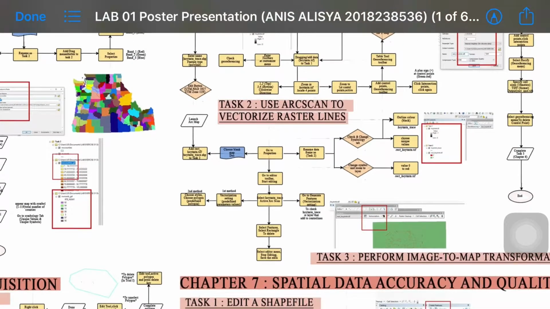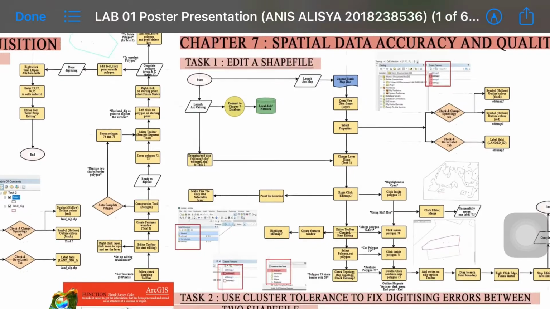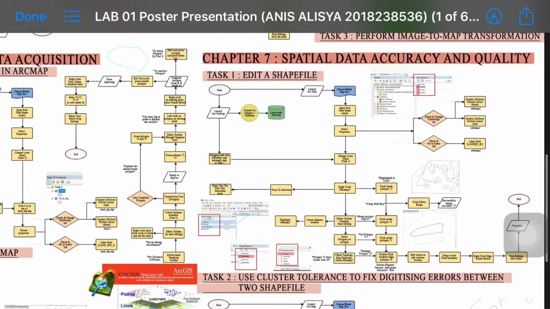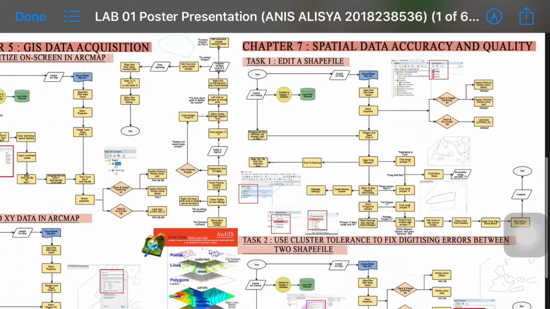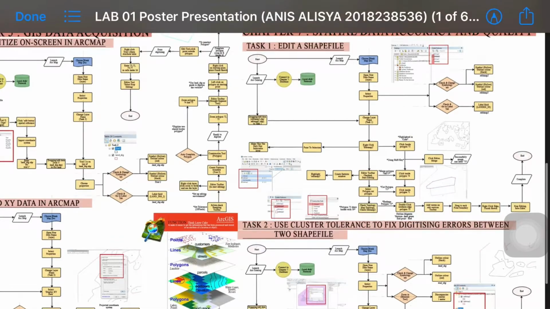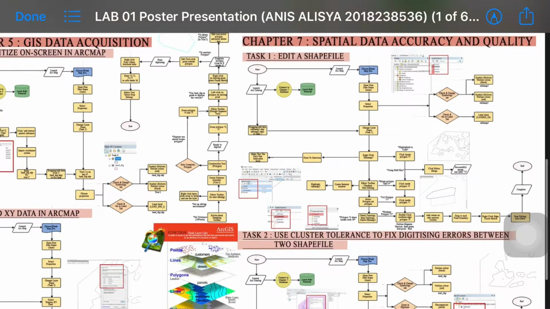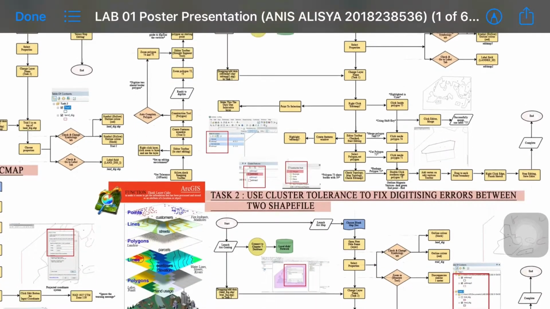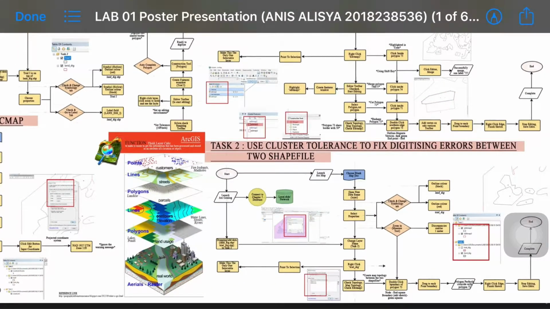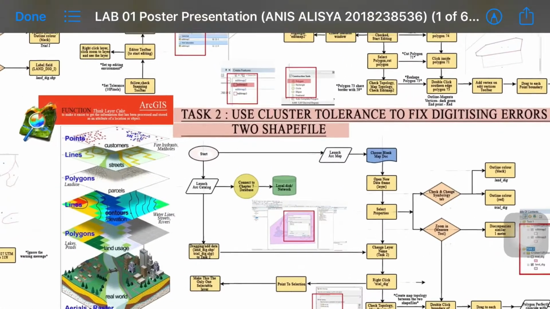Then chapter 7 is spatial data accuracy and quality. Chapter 7 is only divided into 2 tasks. These tasks focus more on how to edit a shape file and how to use cluster tolerance to fit digitizing errors between 2 shape files.